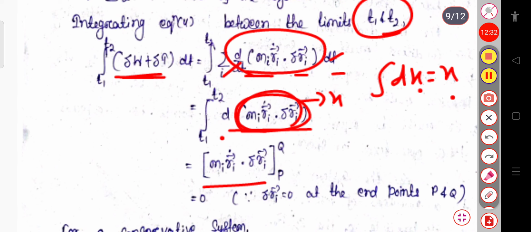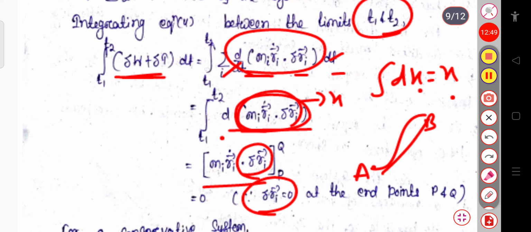Now it will change to p to q. Since we have to now integrate with respect to delta Ri, we have to put the value from q to p. Since we know delta Ri equals 0, that means if I choose any path between A and B, at point A and at point B there will be no deviation of the actual path from the neighboring path.